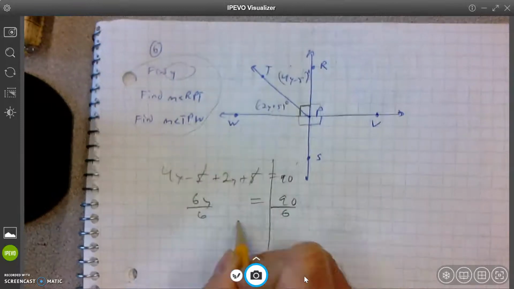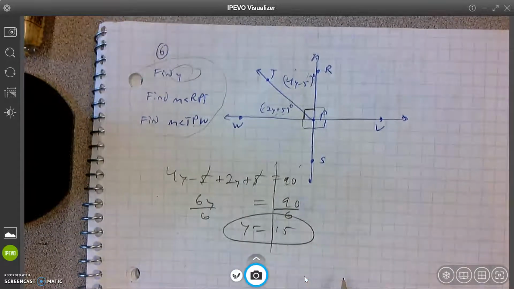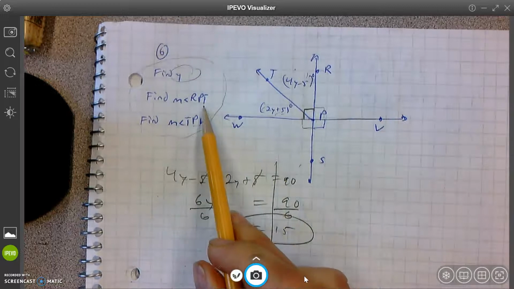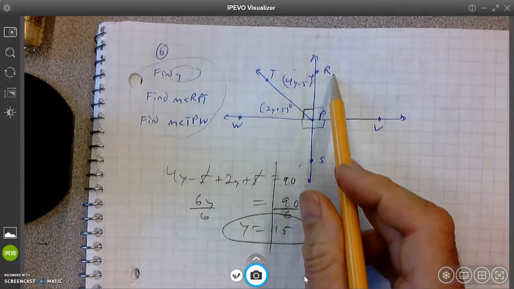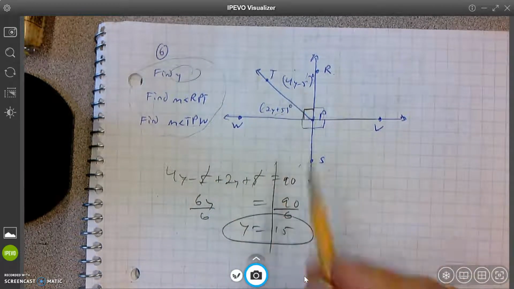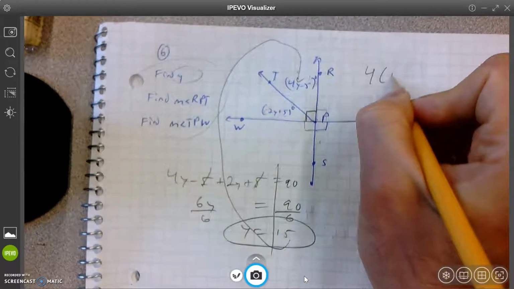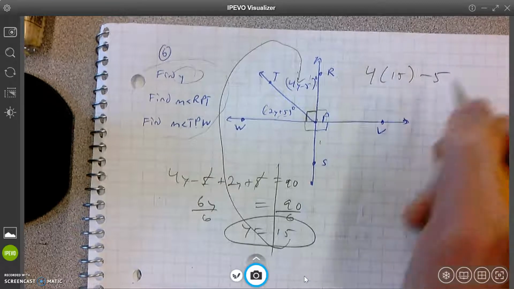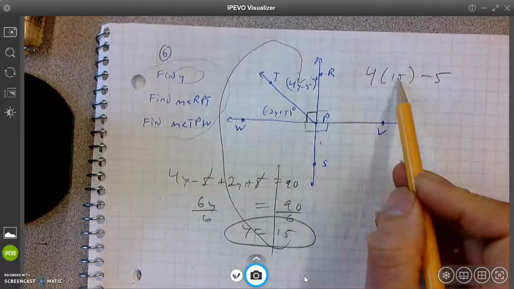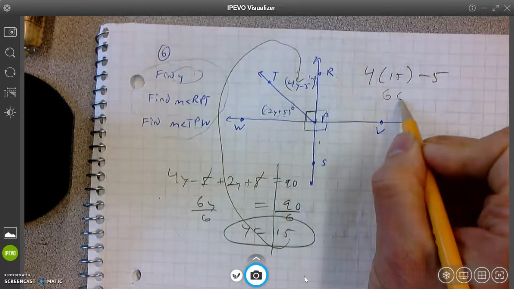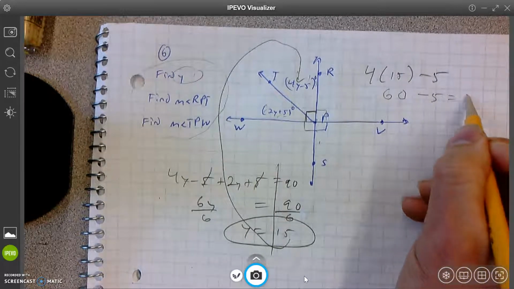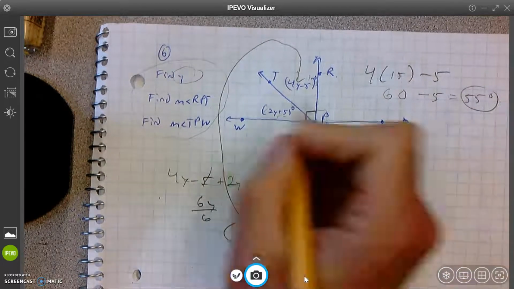Divide by 6, y equals 15. Got it. Are we done? No, no, no. I can find the measure of angle RPT. I need to plug in y, that's 15, right here. So 4 times 15 minus 5. 4 times 15 is 60, minus 5 is 55 degrees.